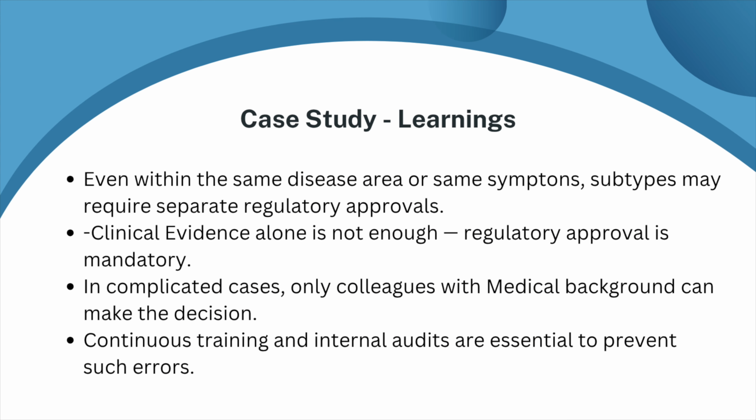So even if you have the data that the product has good safety and efficacy profiles in postpartum depression, this is not enough. You need to have this approved by the label or by the regulatory authorities before any proactive discussions about it. In complicated cases, only colleagues with medical background must make this decision, and continuous training and internal audits are definitely essential to prevent such errors.